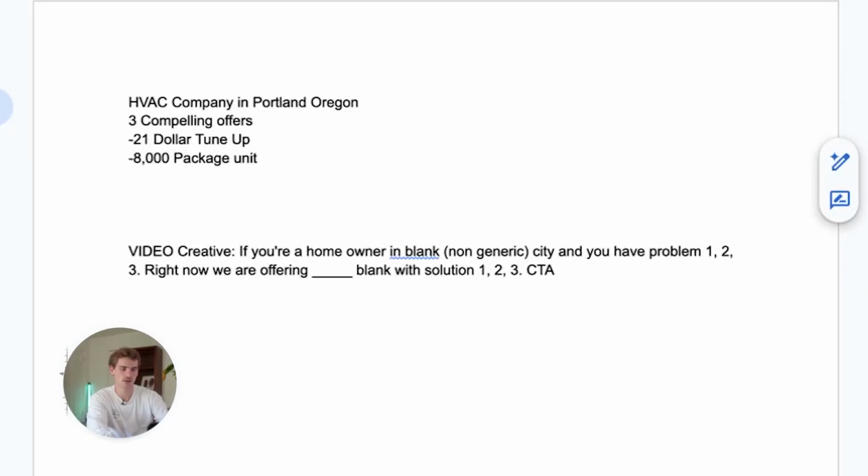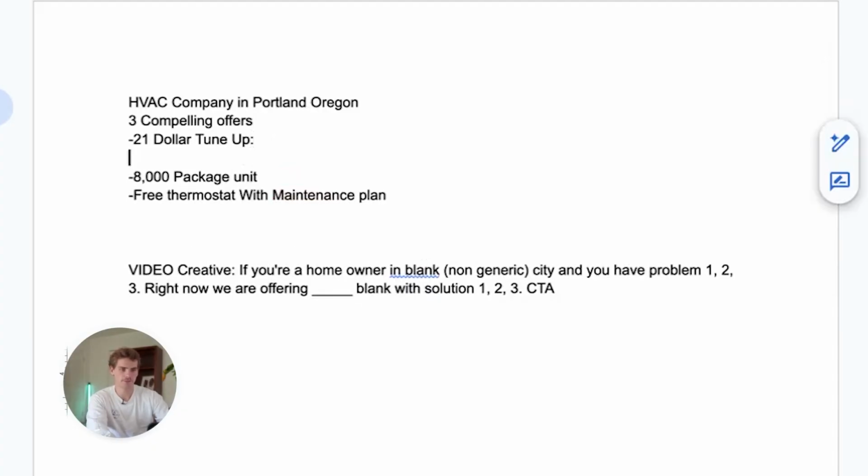And then finally we're going to do a free thermostat with a maintenance plan. These are 3 offers I've run all of these before. So let's start with our tune-up ad.